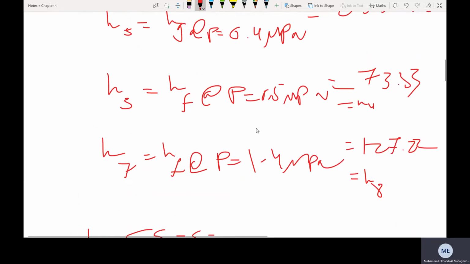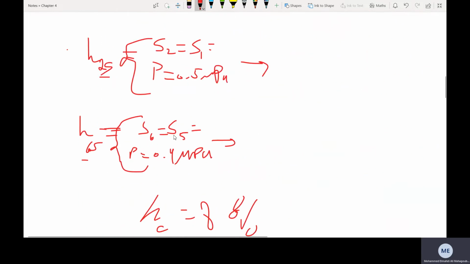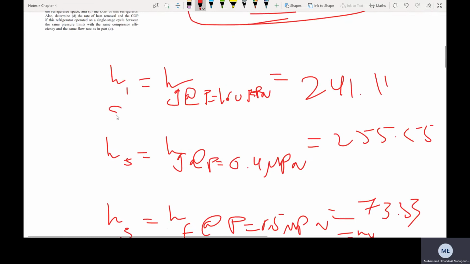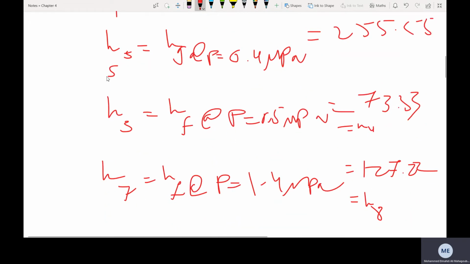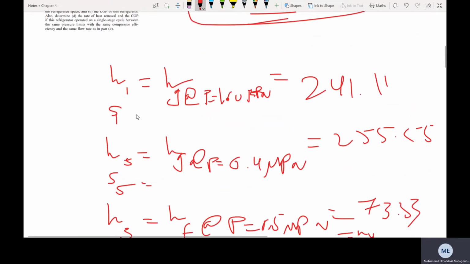After I found those, I need to get S1 and S5. Same thing: I'm going to get SG at that pressure, and SG at the other pressure. Nothing will change, but I just want to calculate the entropy. At 160, what is SG?